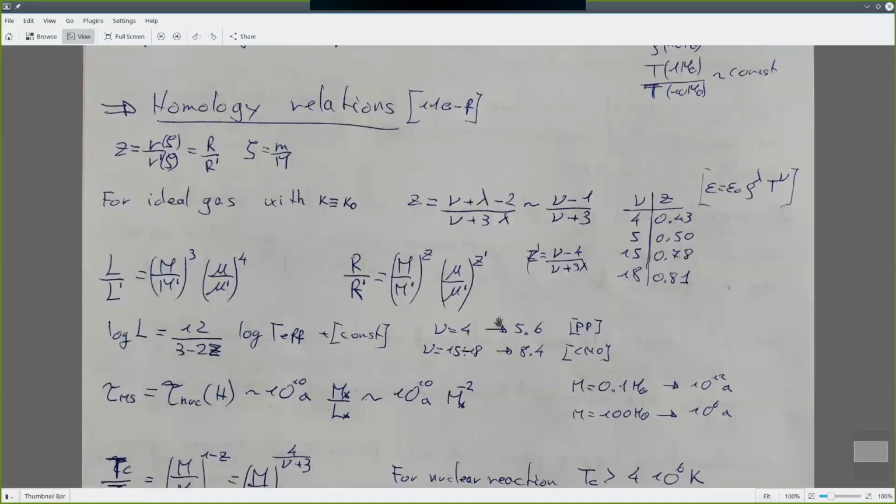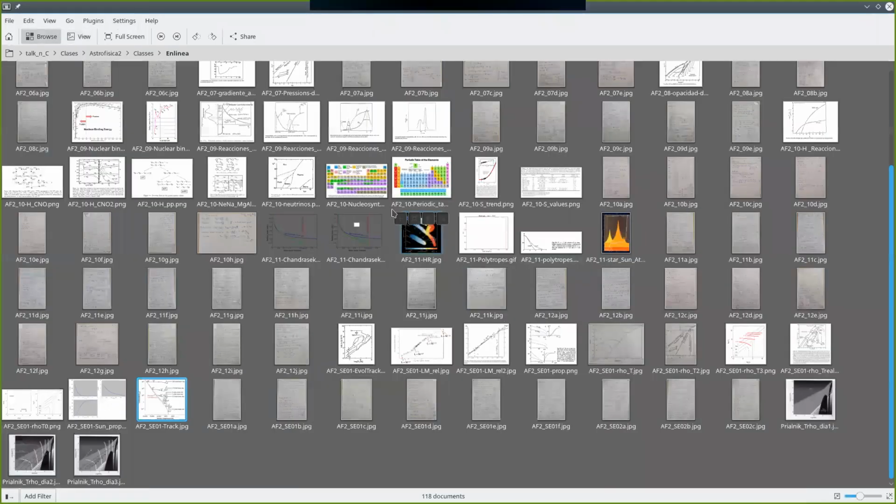For the lowest mass stars with the proton-proton, the slope is a little less steep, while for more massive stars, the slope of the Russell diagram is steeper.